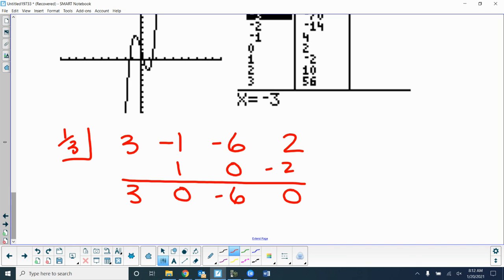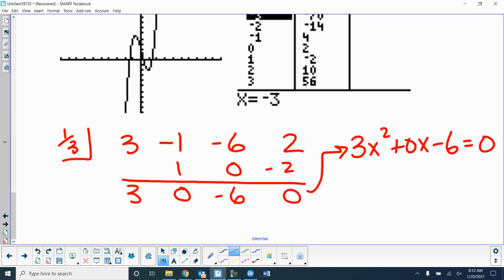So when you do 1 time synthetic division, if this started out as an x cubed, that's an x squared, right? So this problem here is 3x squared plus 0x minus 6 equals 0.